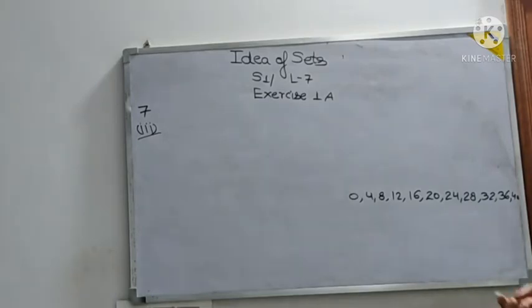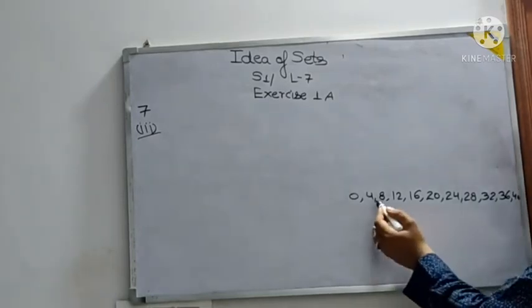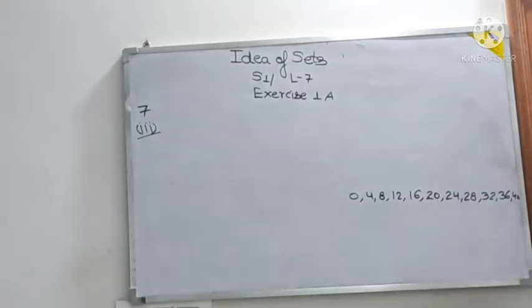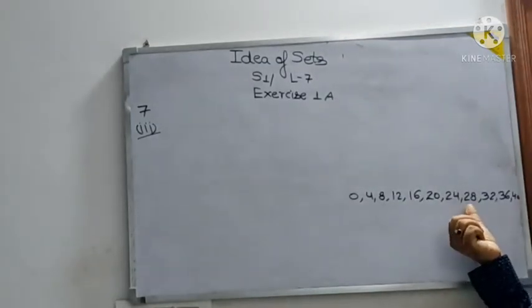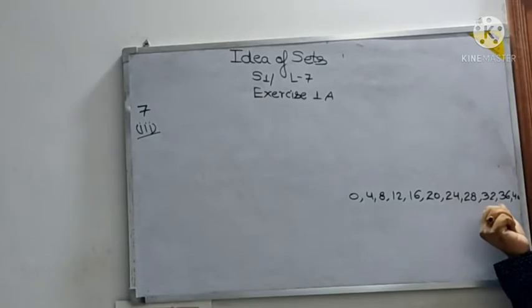Now see, you can again find that it's a table of 4 only, yes or no? 4 ones are 4, 4 twos are 8, 4 threes are 12, 4 fours are 16, 4 fives are 20, 4 sixes are 24, 4 sevens are 28, 4 eights are 32, 4 nines are 36, 4 tens are 40.